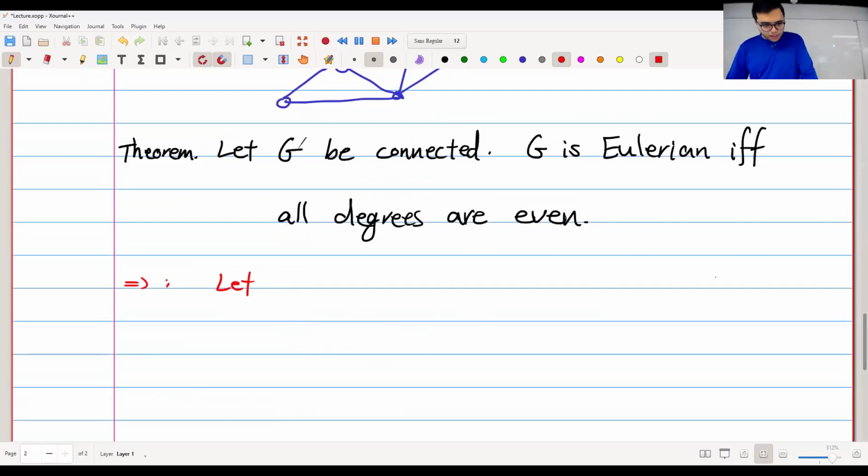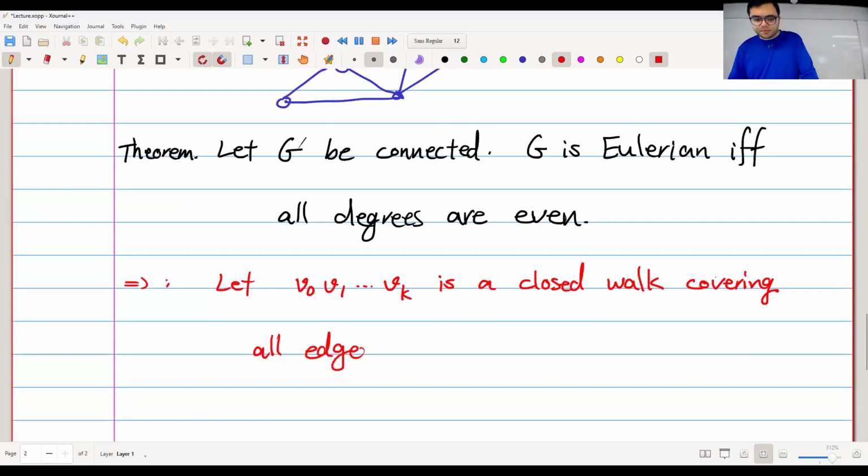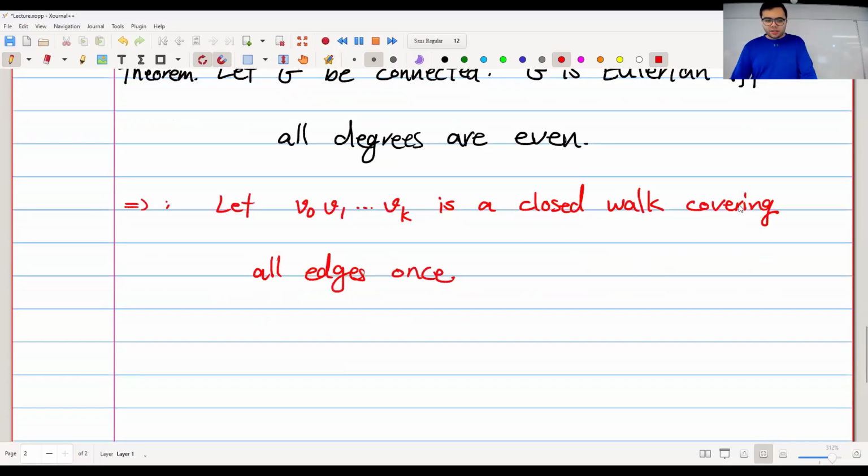So let's say that V0, V1 to Vk is a closed walk covering all edges exactly once. So it's the Eulerian walk. Okay. And of course, V0 is equal to Vk.